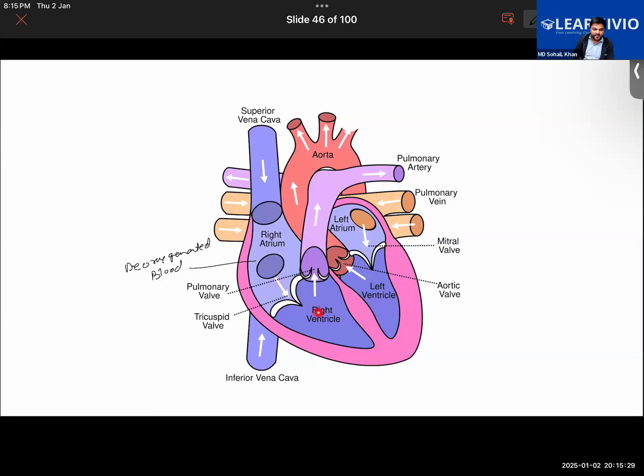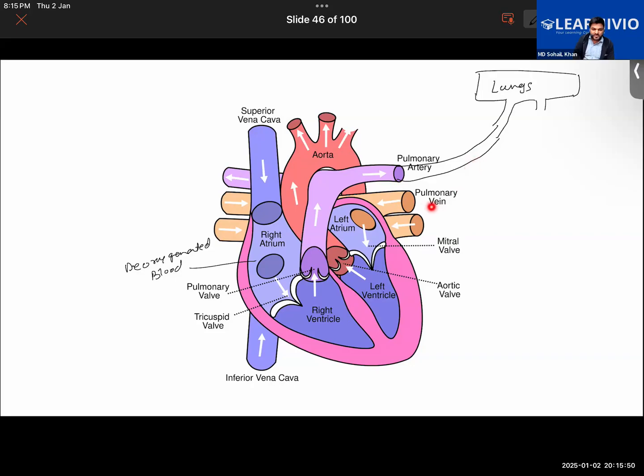Got it now? And from the right ventricle, the deoxygenated blood goes into the pulmonary artery, and from the pulmonary artery, the blood is brought to the lungs. Got it? Good.